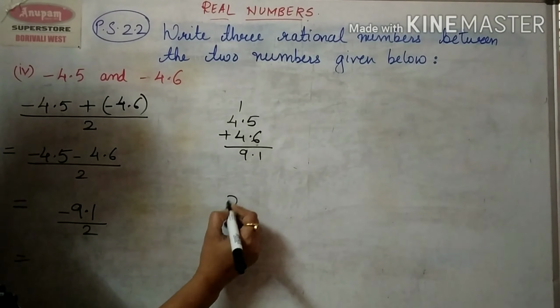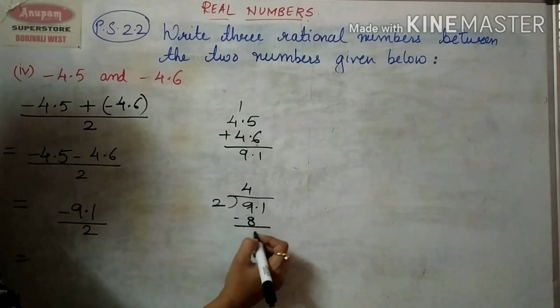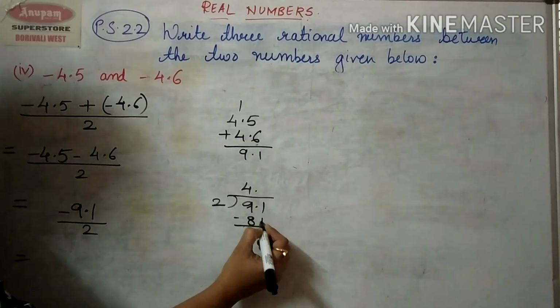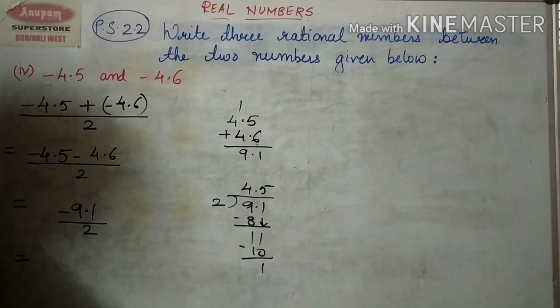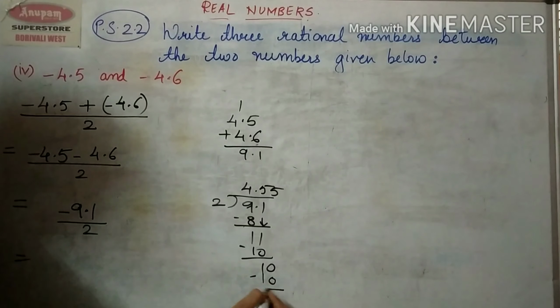Let me divide and see. 9.1 into 2. 2 4s are 8. 9 minus 8 is 1. I have a decimal point here, so I put it here. I take this 1 down. So 2 5s are 10. Which gives me 1. I can take 0 here. 2 5s are 10.